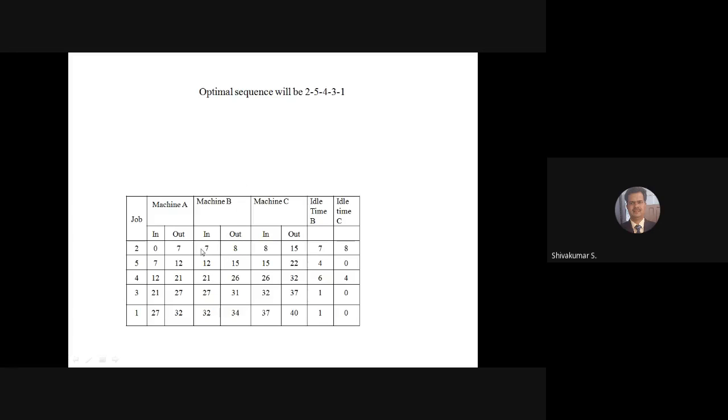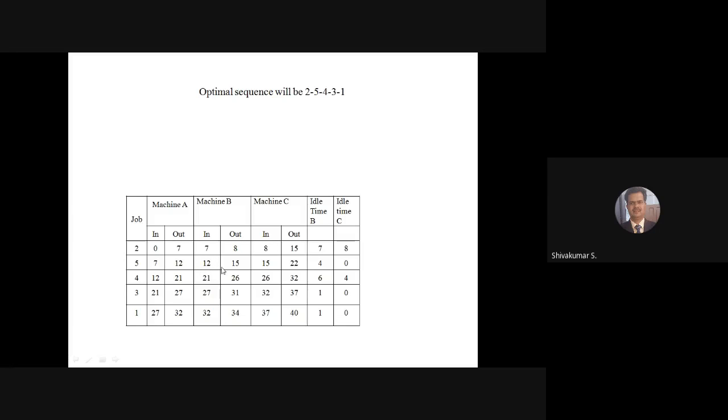So machine B is going to wait for 4 hours here, because job 5 is going to machine B only after 12 hours. So not 8 here, you have to write 12, because job 5 is finishing after 12. That's why 12 minus 8 is the 4 hour idle time for machine B, because machine B is going to wait here for 4 hours.